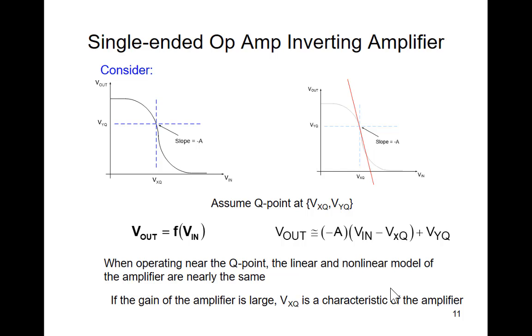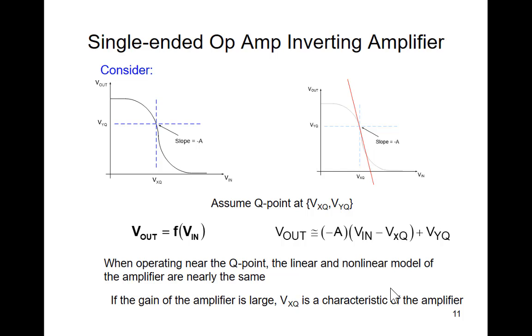If we have a transfer characteristic of an amplifier that goes from some high level to some low level, then in between we have a gain. And if that slope is fairly steep, we have a high gain. If I put a tangent line in at a Q point, I can say that the output is certainly a function of Vn.